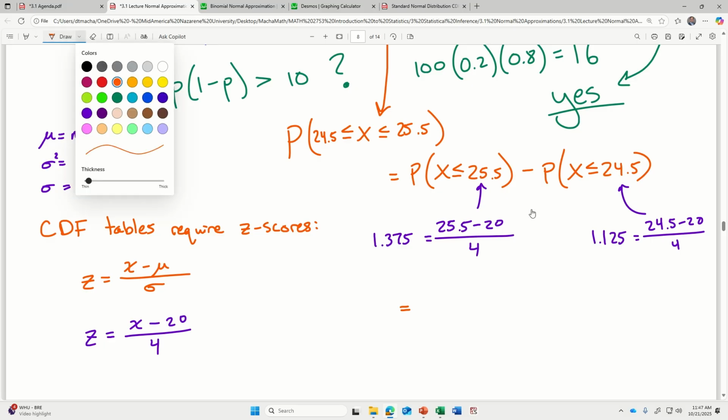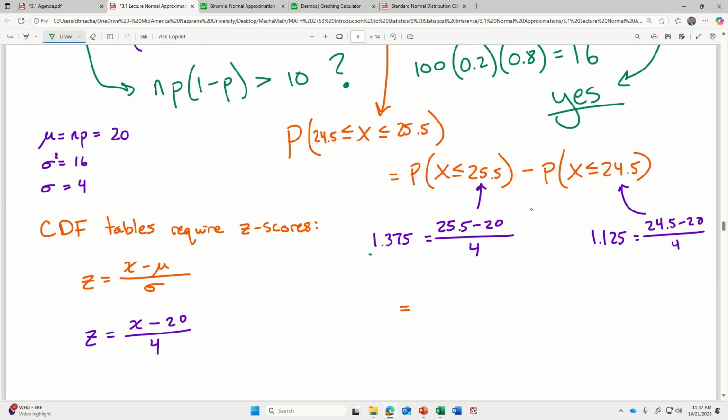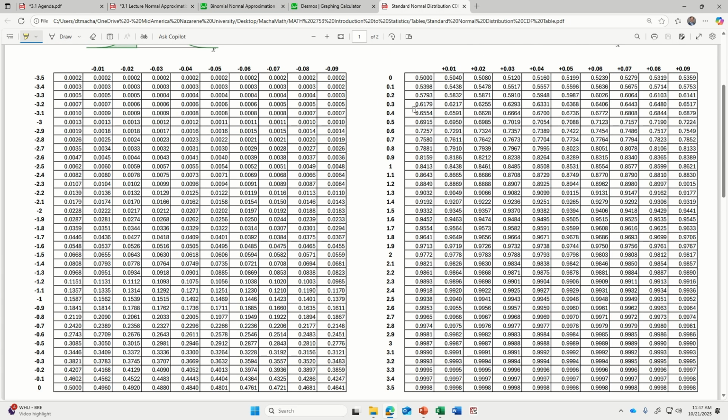So when I round these guys, this thing's going to round to 1.38. This one's going to round to 1.13. Let's look for 1.38 first on the CDF table. There's 1.3. There's 0.08. So it's 0.9162.